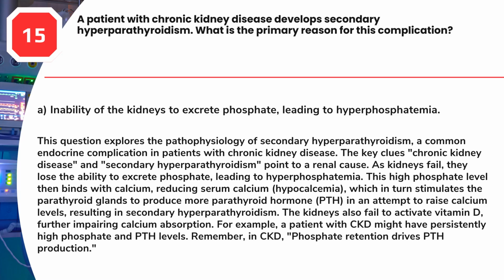This high phosphate level then binds with calcium, reducing serum calcium, hypocalcemia, which in turn stimulates the parathyroid glands to produce more parathyroid hormone, PTH, in an attempt to raise calcium levels, resulting in secondary hyperparathyroidism. The kidneys also fail to activate vitamin D, further impairing calcium absorption. For example, a patient with CKD might have persistently high phosphate and PTH levels. Remember, in CKD, phosphate retention drives PTH production.